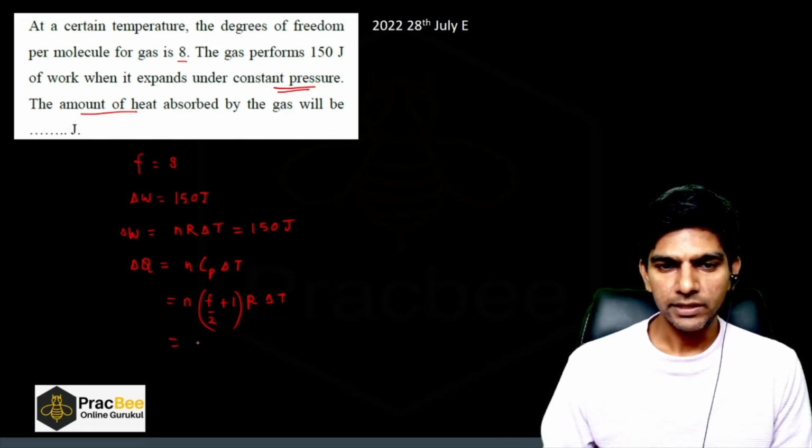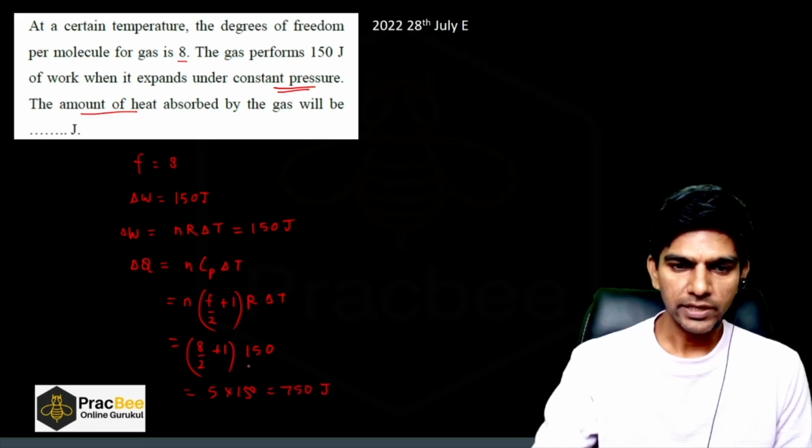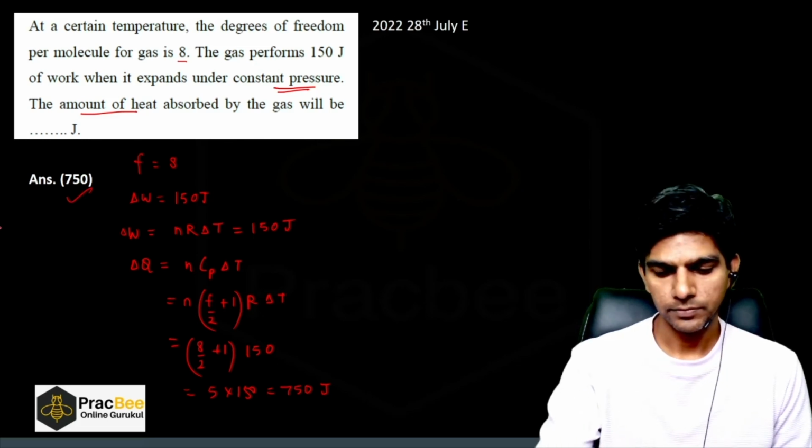And so we can say F is given as 8 by 2 plus 1. nR delta T is 150. So this will be 5 into 150. So it comes out to be 750 joules. So that is the heat absorbed by the gas in this process. So 750 is the answer.